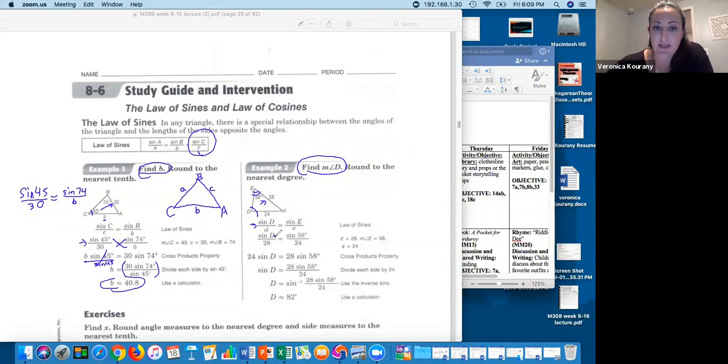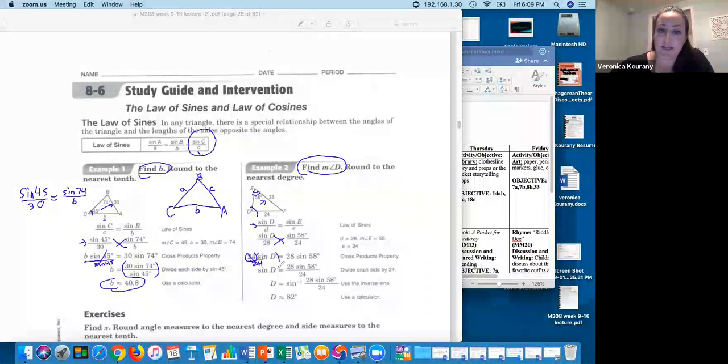Now we're going to cross multiply, and we get 24 sine D equals 28 sine 58. In this case, sine D and 24 are products, so we can divide by 24 on both sides. That way you can isolate D, but D is an angle.